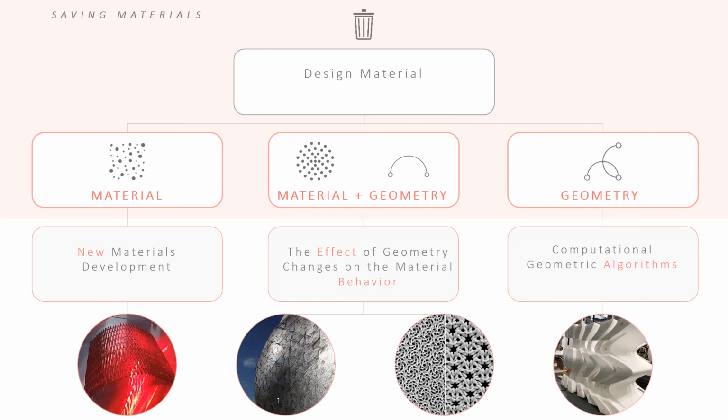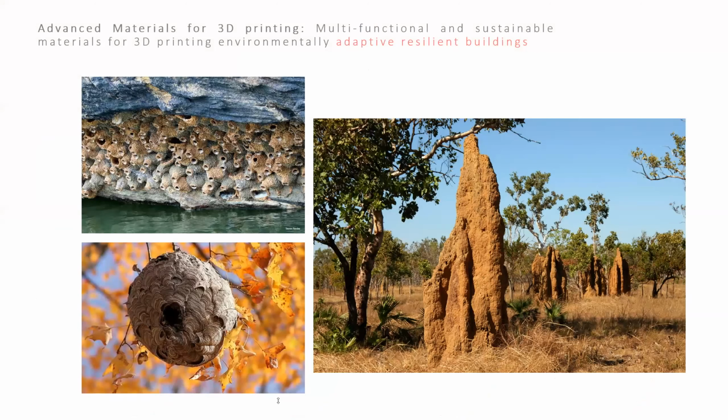For example, you can make a material rigid or flexible, or make a solid material transparent, because you have the privilege of controlling the fabrication process. So with that in mind, this is the project that we started in 2018.